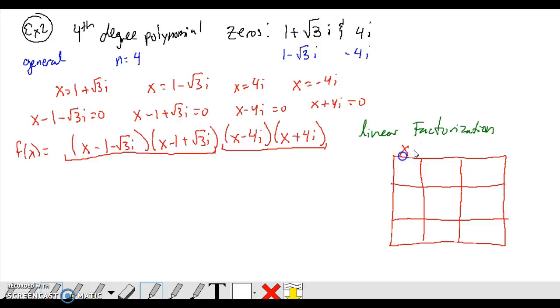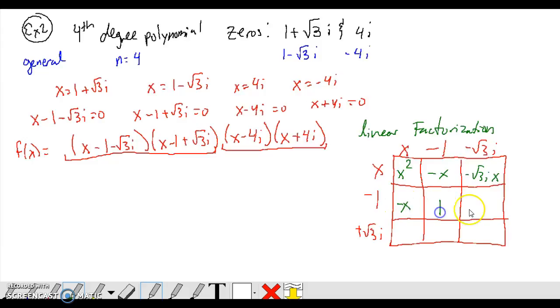So I have an x minus 1 minus root 3i, x minus 1 plus root 3i. Let's use green. So I got x squared minus x minus root 3ix. Kind of looks like you're going to take the radical of 6.